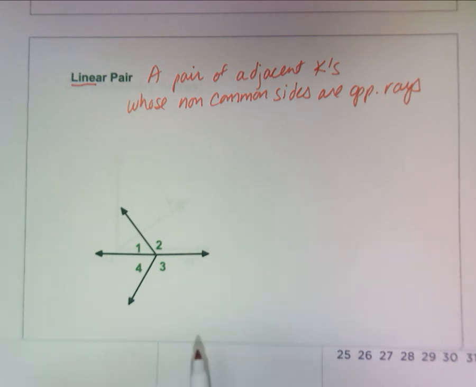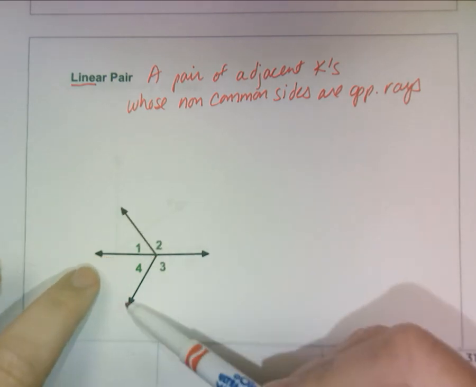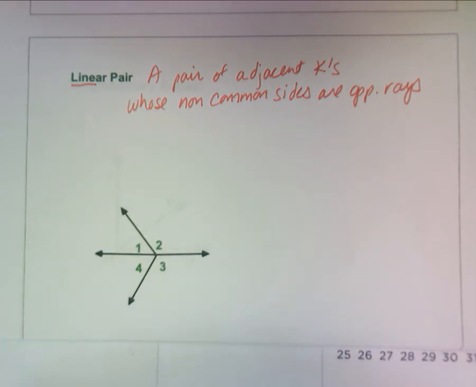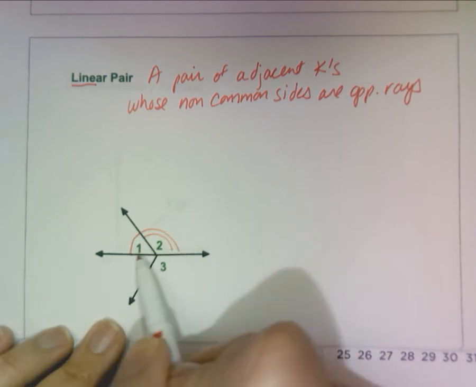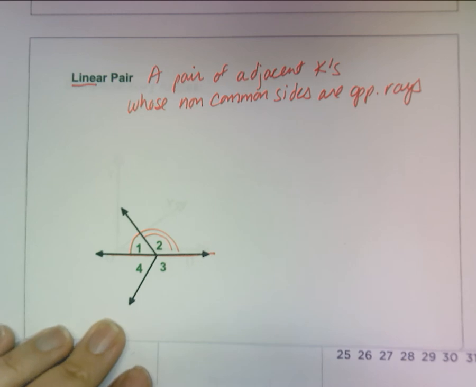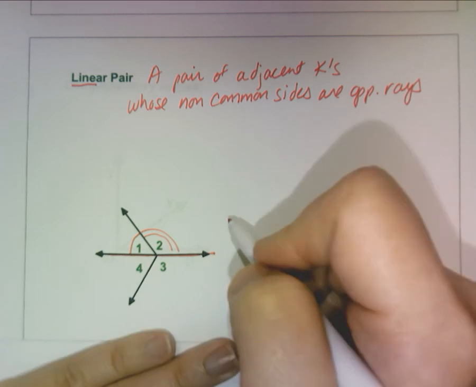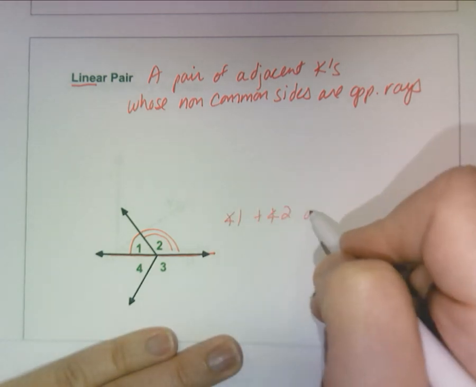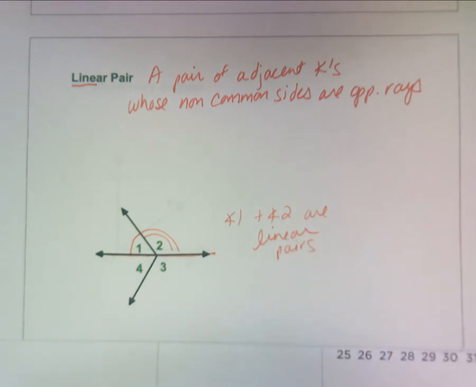So if you're looking at this picture right now, could you give me two angles that seem to form a line? You wouldn't say 1 and 4. They're forming an angle, but not a line. But if you look right here at angle 1 and angle 2, together they look like they're forming a line. That's a line. So angle 1 and angle 2 are a linear pair.